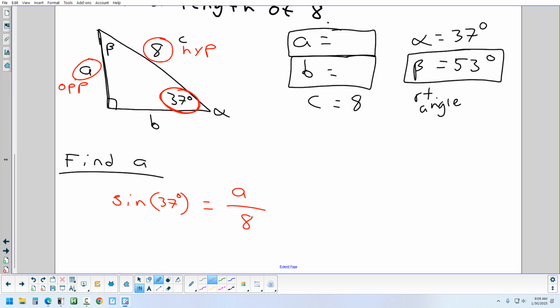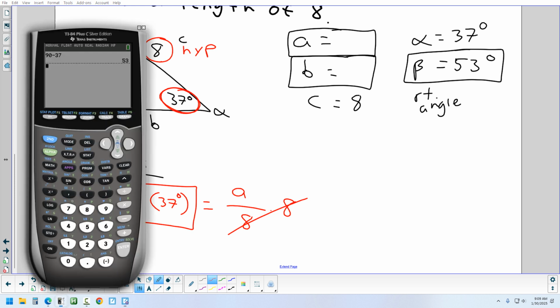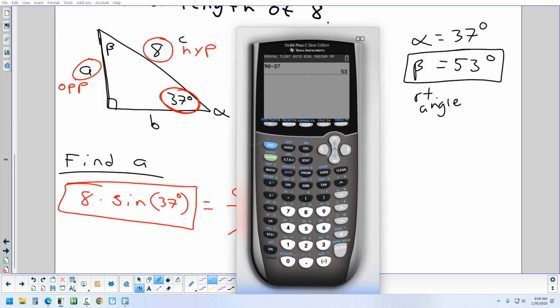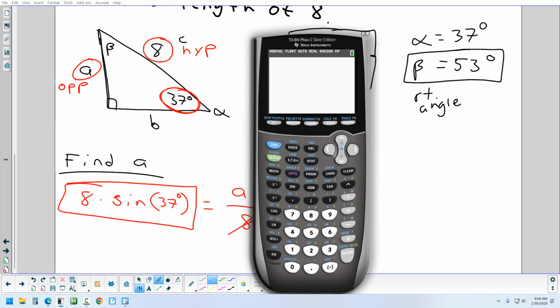And now, solve for A. Okay, so multiply each side by 8. And that's your answer. Okay, we need to type that in and round it off. We're going to round to 3 decimal places. Before I type that in, what do you think I need to check on my calculator? Right.